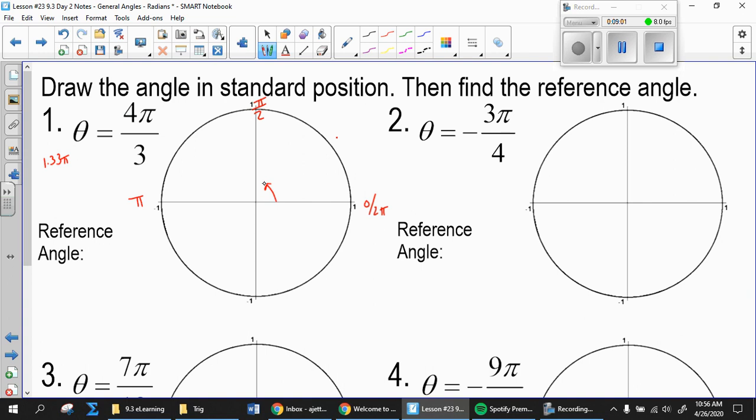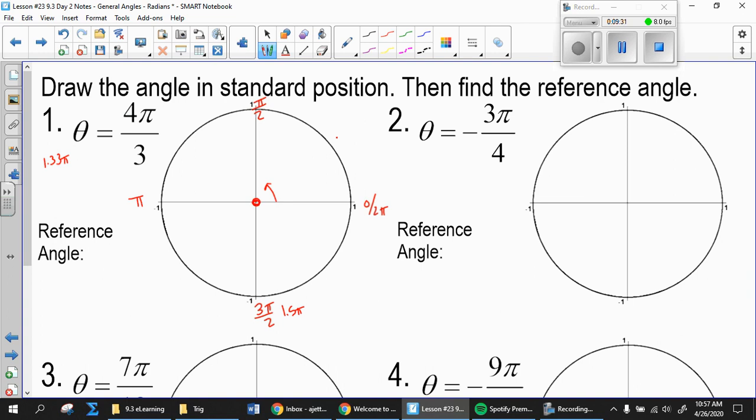We're figuring out how far we're going. If my rotation to get to here is pi, and here I have 4 over 3, I know I'm going a little bit further than that. We said down here it's 3 pi over 2, which is 1.5 pi. If I'm looking at 4/3 pi, 1.33 pi, it's more than 1, but less than 1.5.